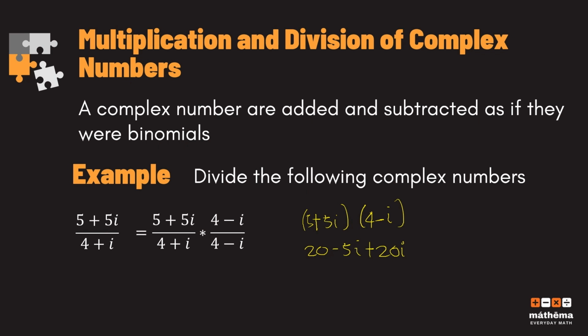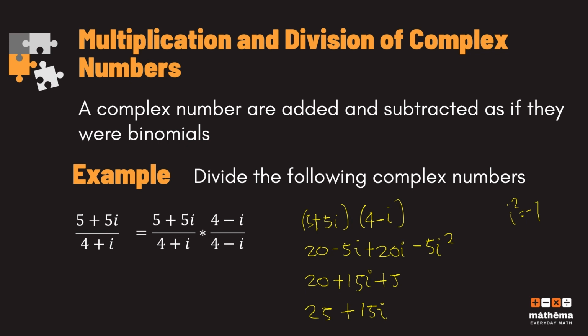And then 5i times negative i is negative 5i squared. Simplify, we will have 20 plus positive 15i. What is i squared again? It's negative 1, so negative 1 times negative 5 is positive 5. So this will give us 25 plus 15i. That will be our numerator.